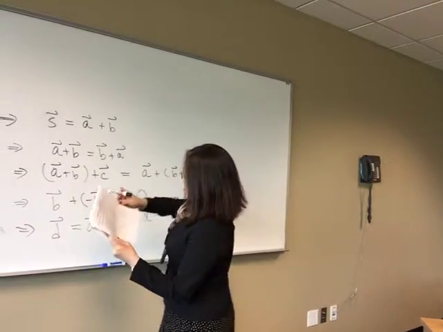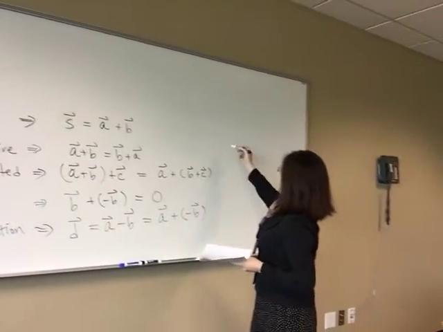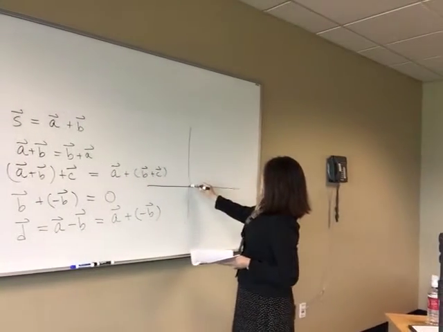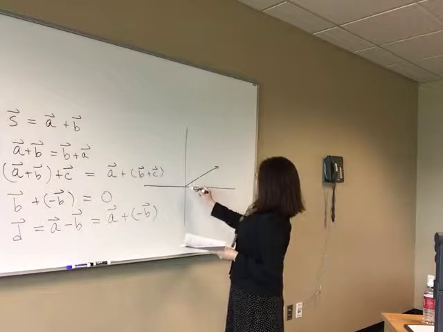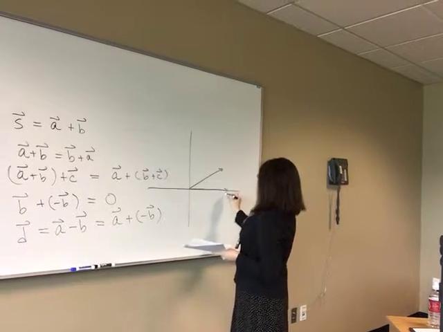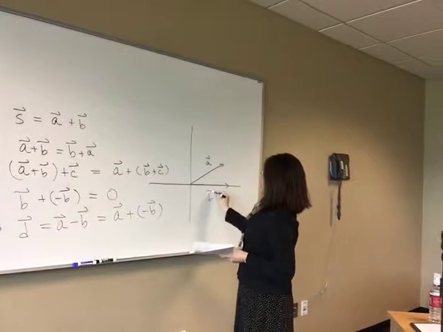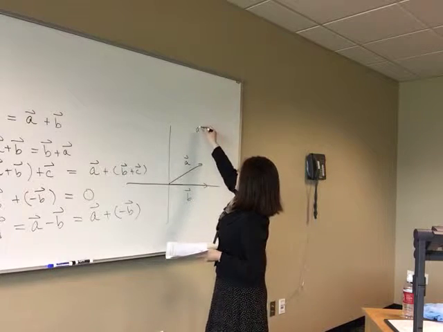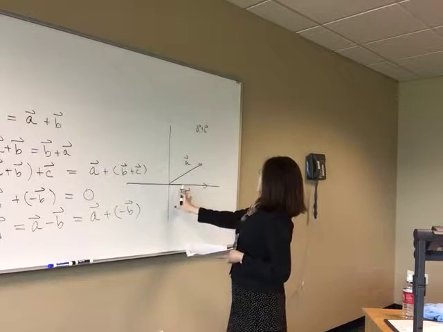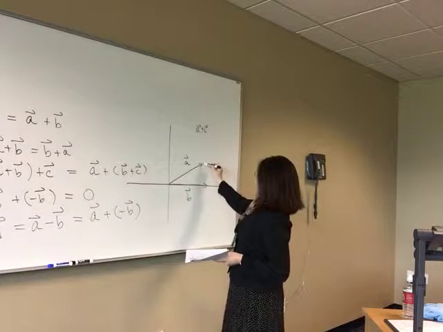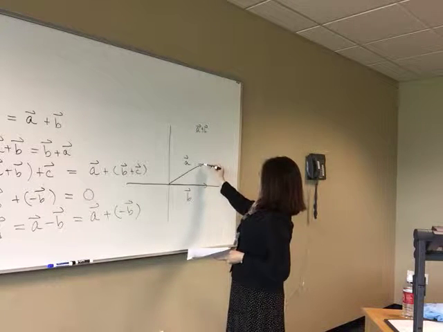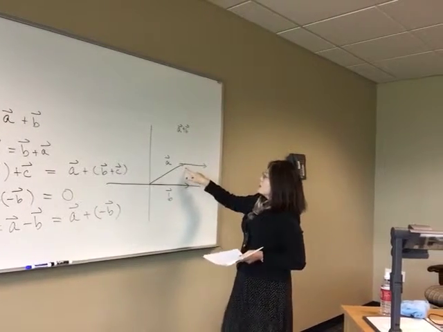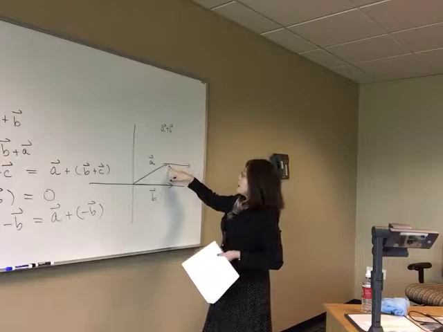Now, how do we add them together? So basically, let's say you have vector A, and then you have vector B. So this is A, and this is B. How would you add them together? If you want to do A plus B, what you do is that you move vector B, and because they are the same vector no matter where you place them, you move it over here, placing its tail at the head of the first vector.